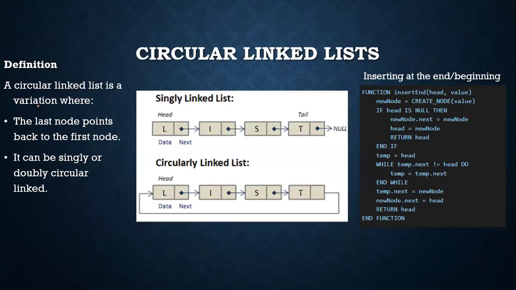Then circular linked lists are the same here. We see that we've got our data there, it references the next. In a single linked list, we've got our data referencing the next, and the next, and the next. In a circular linked list, the head references the next value, which references the next, and the next, but then the tail references the head and creates a loop like that there.